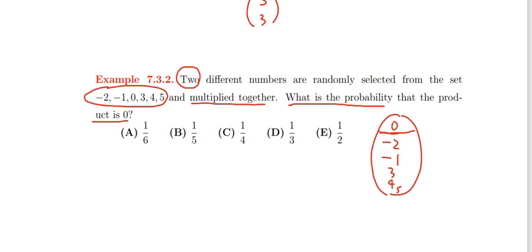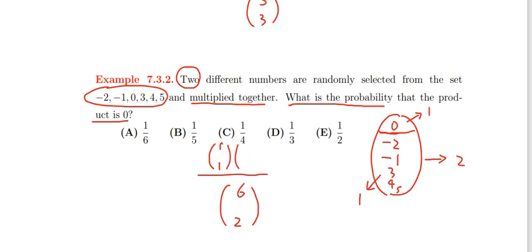Okay, so from here pick 2. Totally how many ways? From 6 numbers we pick 2 randomly, so we have so many ways. In order to guarantee that the product is 0, from this part we should pick 1, and from the other part we pick another 1. This part has only 1 number, so from this 1 number pick 1.